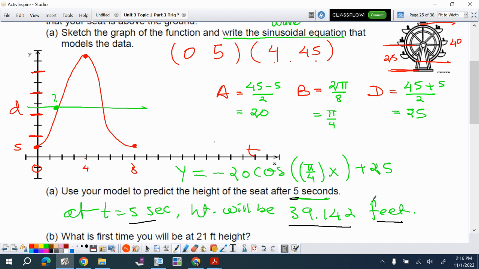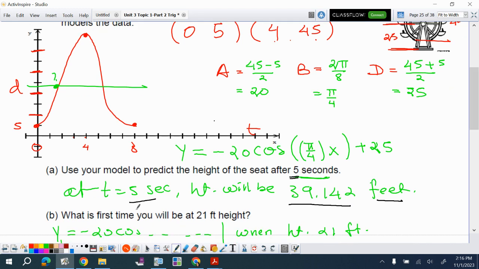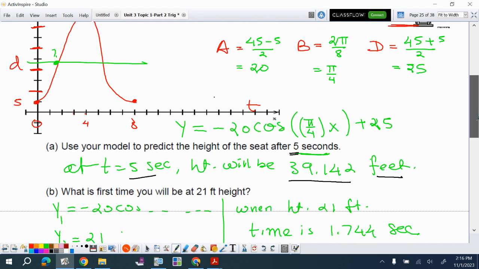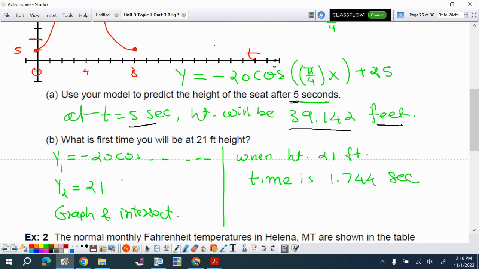Okay, so now the second part of the question is asking what's the first time you will be at 21 feet height? Same as the previous example, you will have to do a y1, y2 graph and intersect. So make sure your y1 is equal to the equation you already used in the previous part, you keep this equation, y2 is equal to 21, and you have to find the first intersection.